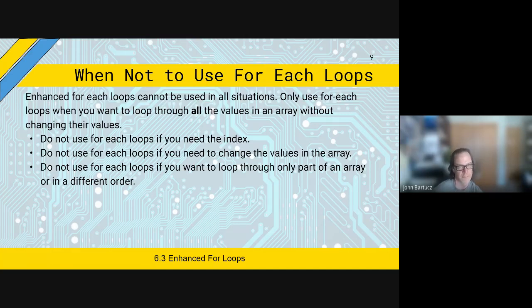Like, for example, if you're using parallel arrays. Remember where you have related data in multiple arrays. If you have position 4 of first name, last name, and so on in different arrays, but they're all at position 4 for the same person, you have to know you're at position 4.